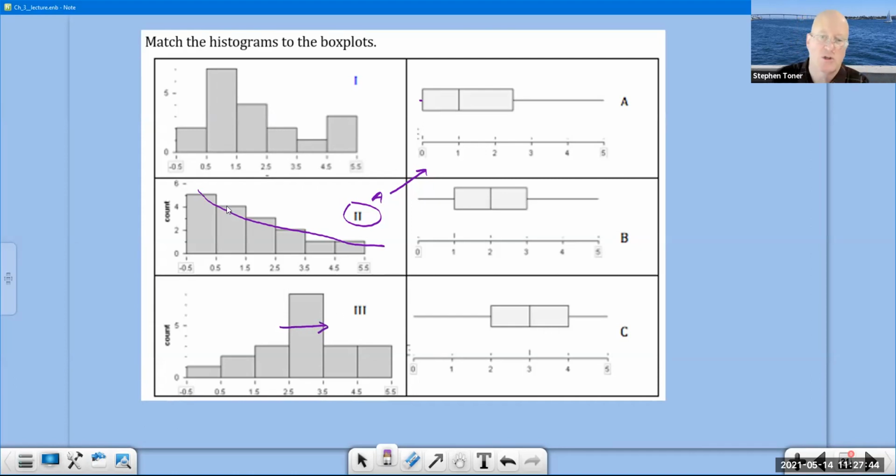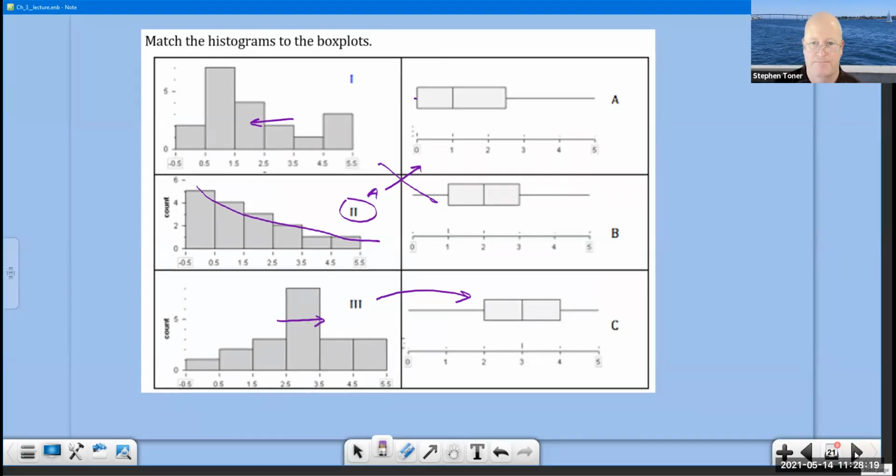More of the data is pushed off to the right, as opposed to plot 1, where more of the data seems to be pushed to the left. And that really helps me identify which one. I've got a larger bulk of my data in B going with plot 1, and therefore 3, pushed a little bit further to the right or centrally located, would go with part C. So hopefully that helps you to see that relationship between these two different types of graphs.